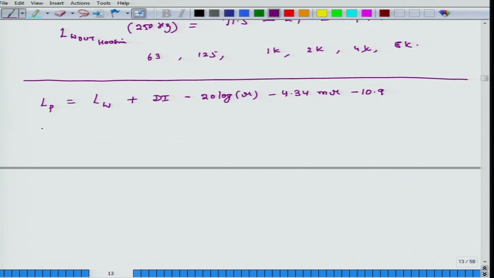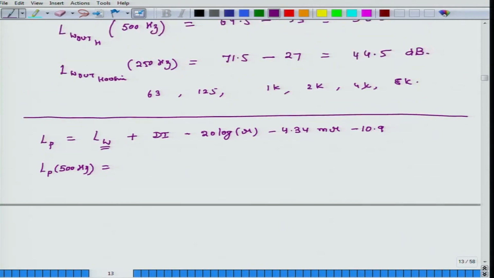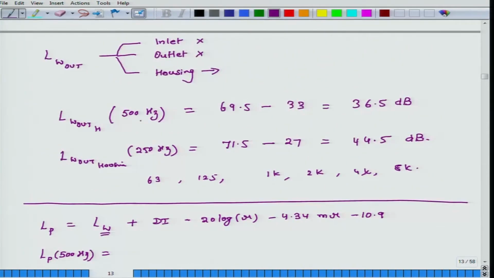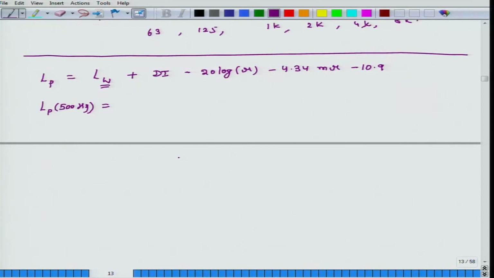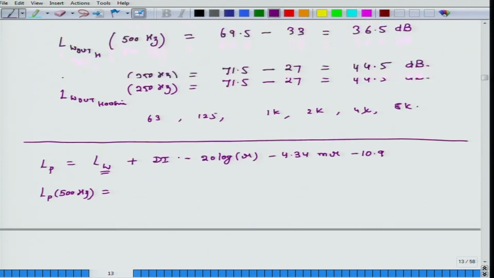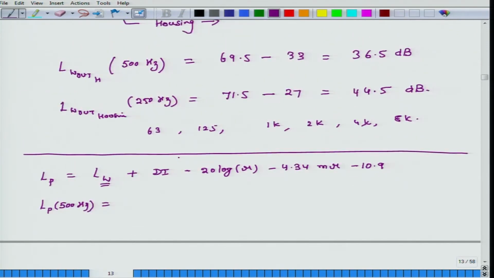Okay. So, LP for 500 hertz is LW, and which LW we are going to use? You will not sum, you don't sum frequency data like that. You will again do frequency by frequency calculation. So, for 500 hertz, what is LW? The only noise is coming through the housing, it is not coming through other sources.